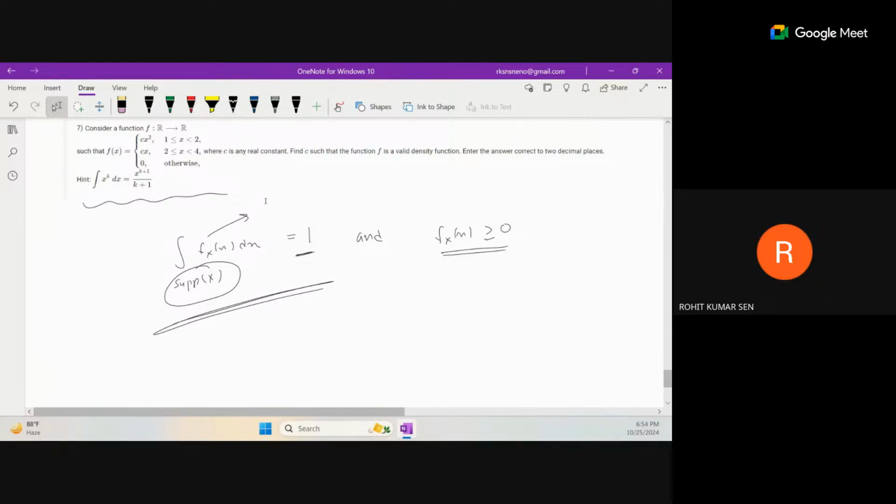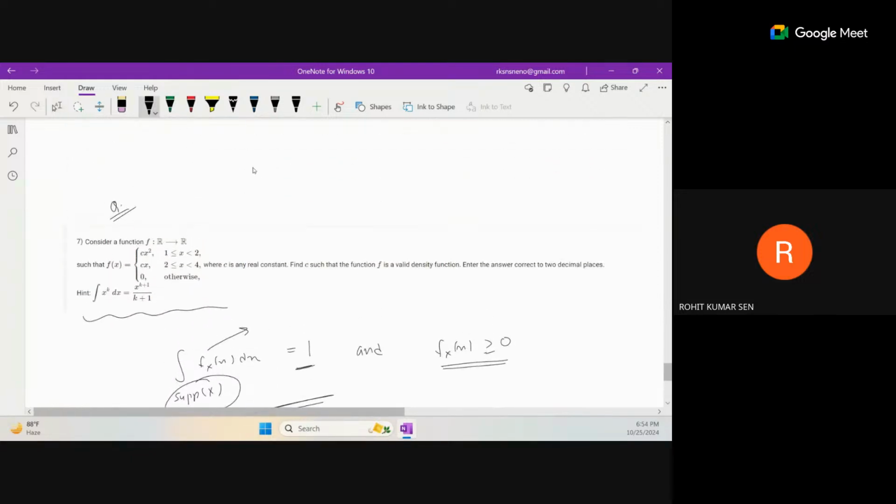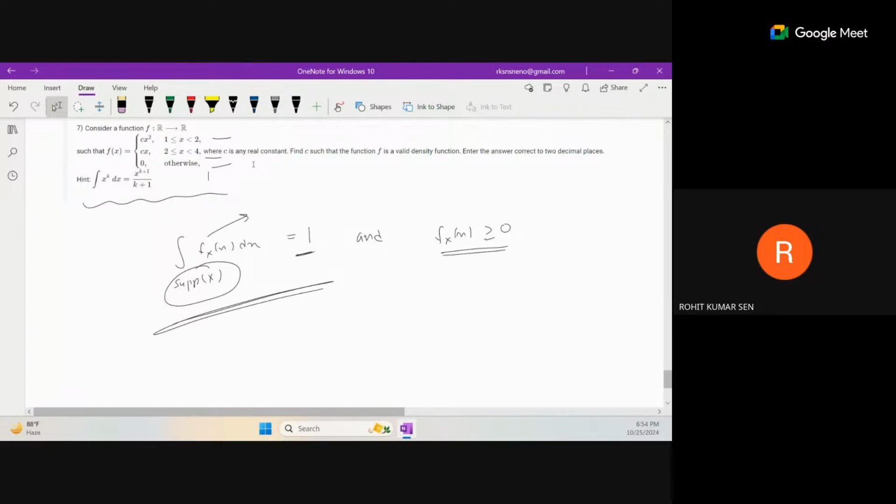Okay. So if you see here, my function is piecewise. It is different up to here, and different up to here. So first of all, tell me the support of this PDF. It is 1 to 2 and 2 to 4, right?